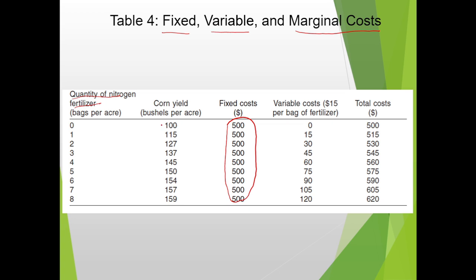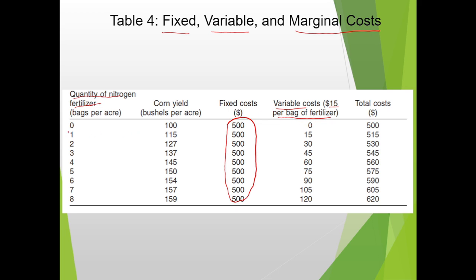And then we have variable cost. Variable cost is $15 per bag of fertilizer. That means if Paul buys one bag of fertilizer, it costs him $15. So that is your variable cost.